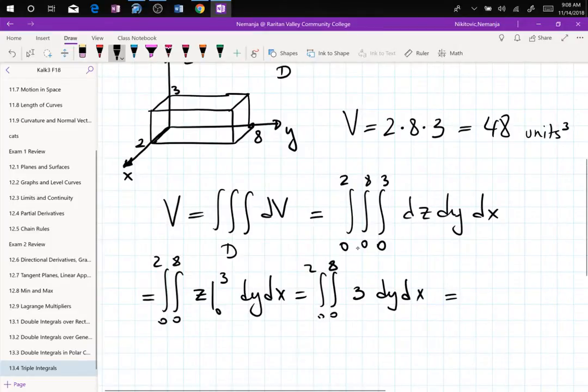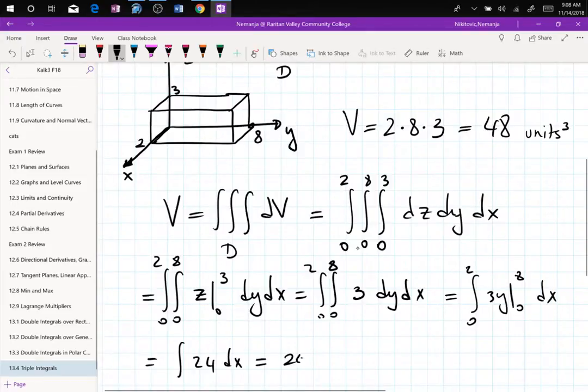Then the inner one is going to be 3y from 0 to 8. Still have dx, 0 to 2. So that's going to be the integral of 24 dx. And then you have your 24 computed from 0 to 2 to get your 48, which was the volume. So this is the way to deal with this.